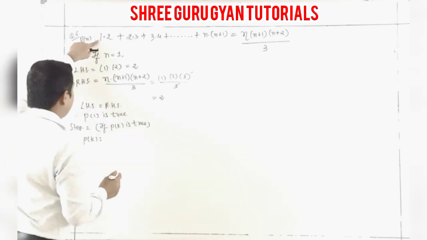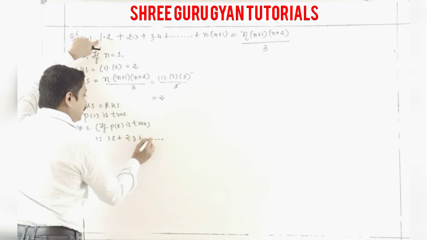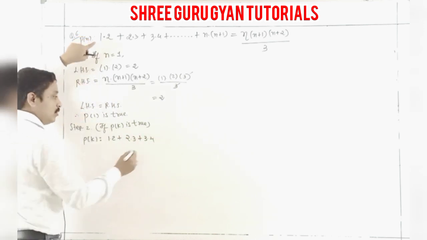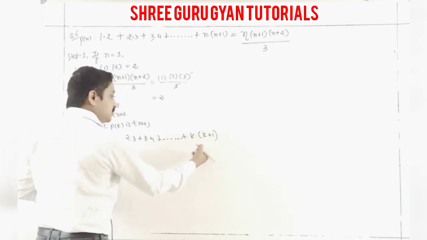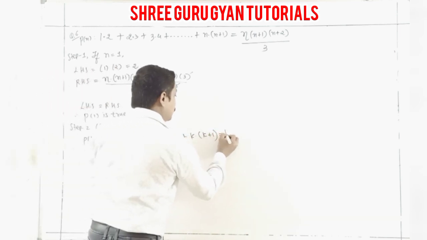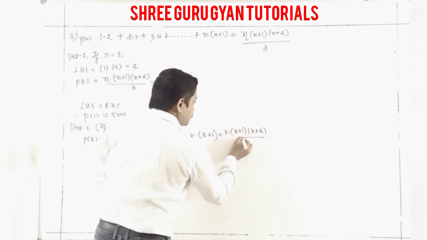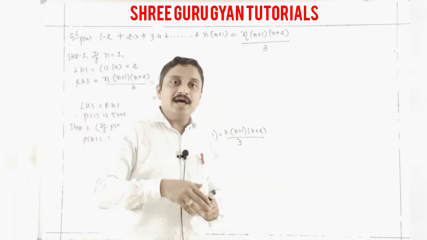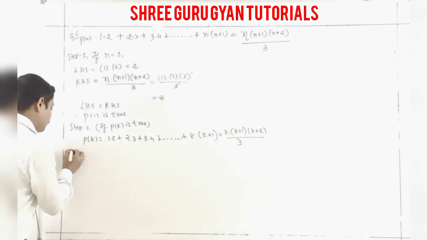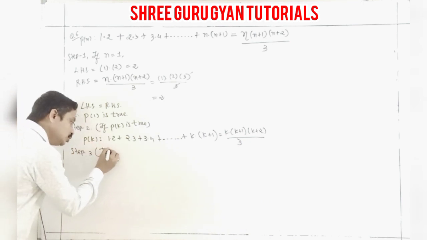Here, k: 1 into 2, 2 into 3, plus 3 into 4, plus up to k into (k plus 1), is equal to k(k plus 1)(k plus 2) by 3. That's our RHS.